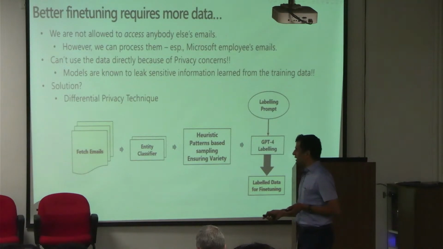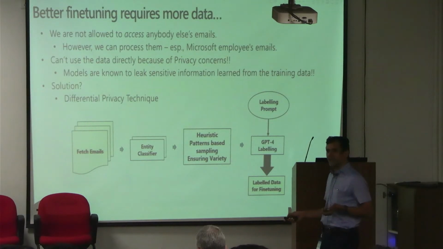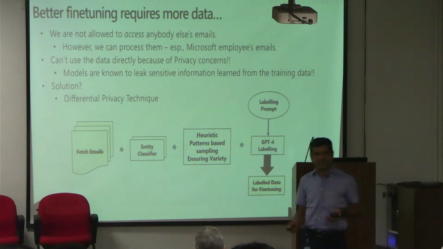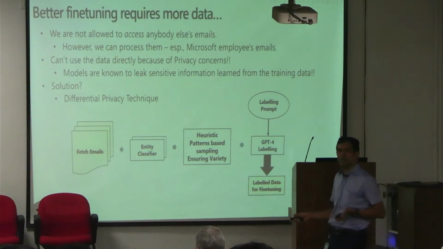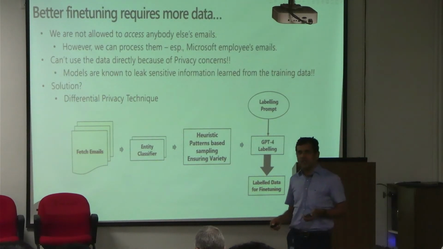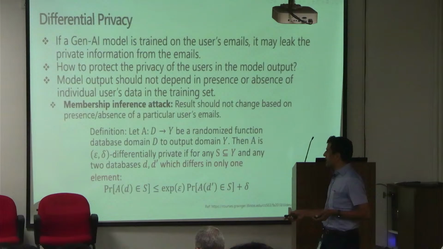So we take the emails, and then, like the typical pipeline we mentioned in the beginning, we have the entity classifier, then we want a sample of emails so that we have enough samples, and then we can use the GPT-4 labeling. This will be used to get the labeled or supervised data. But how do we use it for model training?